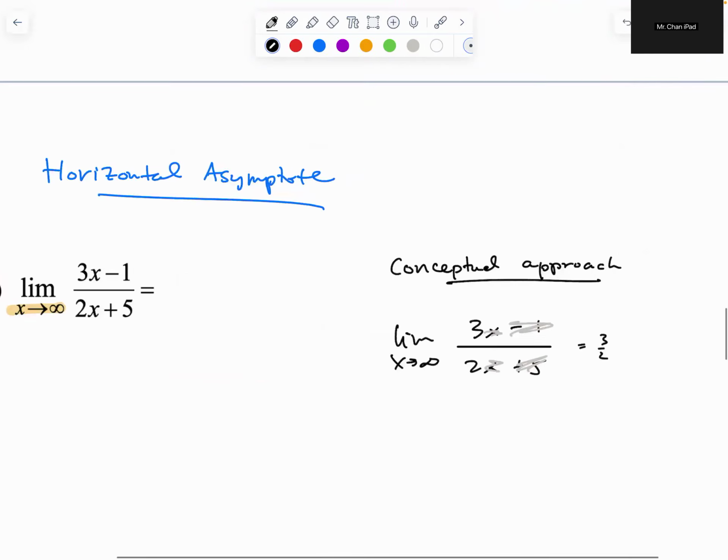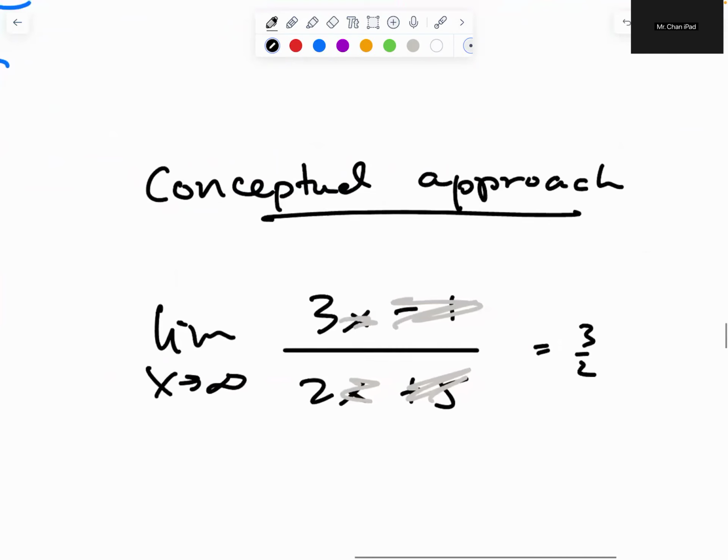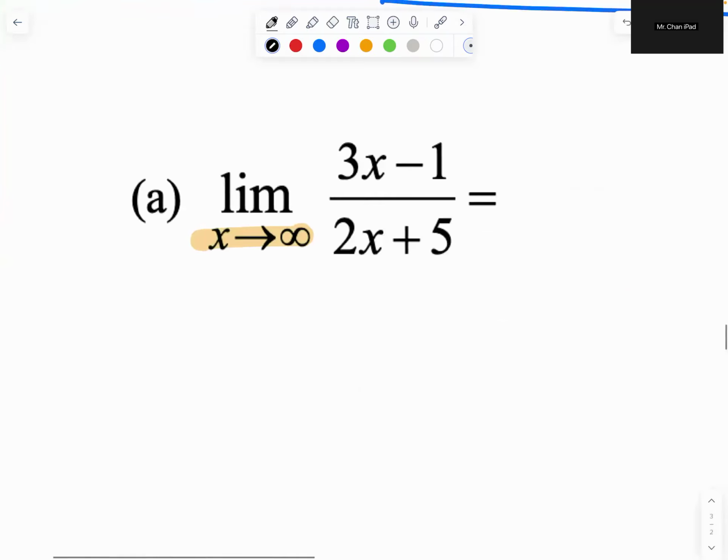But now, you cannot show this to your teacher on paper. You cannot just scratch things out and say, well, here's the answer. That would be great if you're looking at a multiple choice question. For free response, you do the following. Can we just substitute infinity into the x's? We say no. Why not?